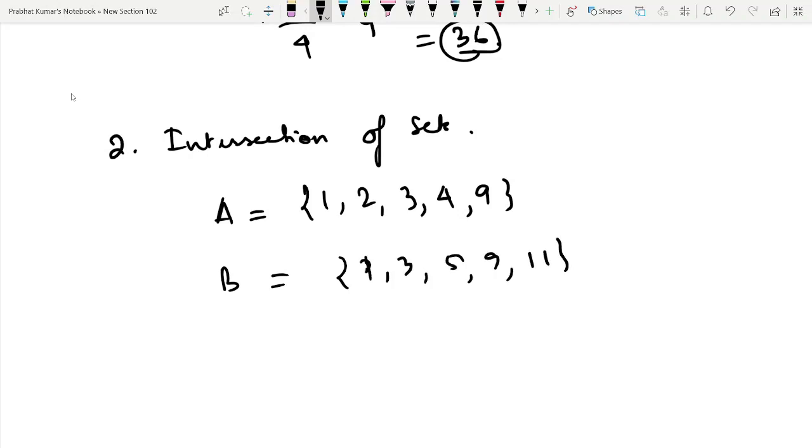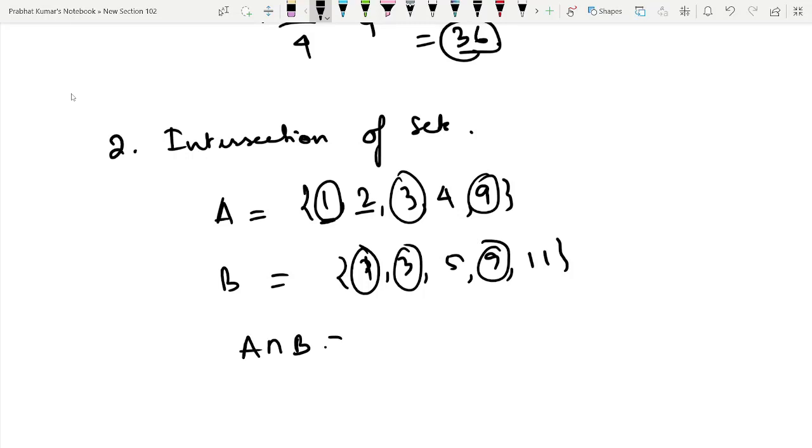So basically what is intersection? You take out the common elements between these two sets, right? 2 is not there in both sets, 1 is there in both sets, 3 is there in both sets, 9 is there in both sets. So when you intersect them, you will get 1, 3 and 9, right? This gives you the intersection of these two sets.